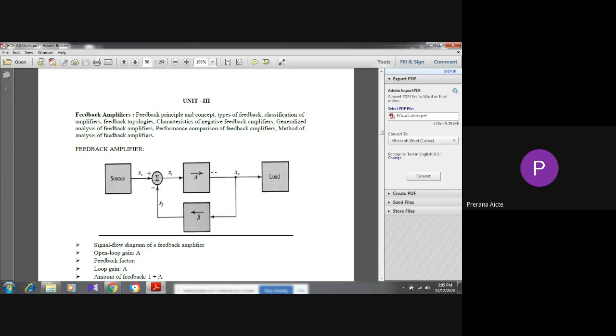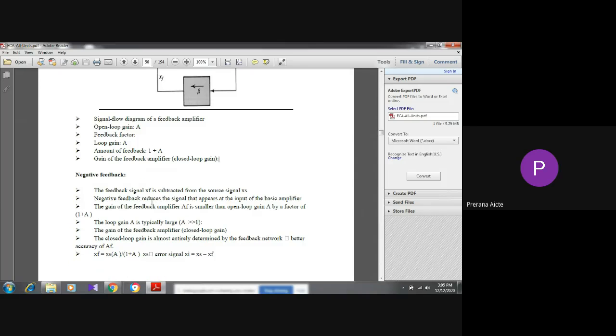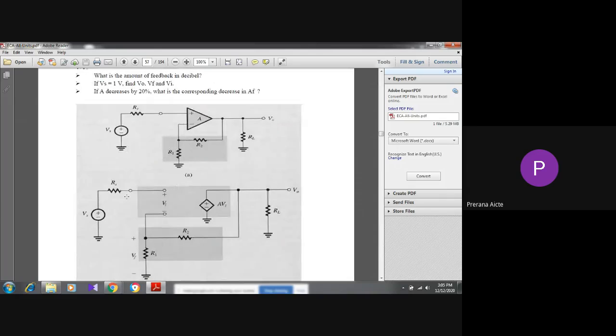In the basic feedback concepts, these are some important factors: open loop gain and amount of feedback. We have the formula for negative and positive feedbacks. For negative feedback, the gain expression AF is equal to A by 1 plus A beta. Similarly, for positive feedback, the gain expression is A by 1 minus A beta.